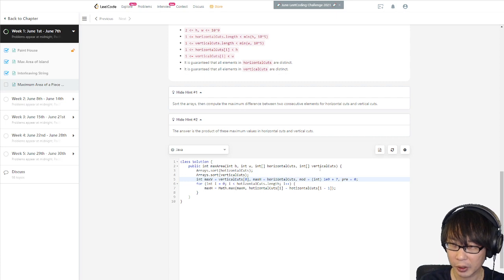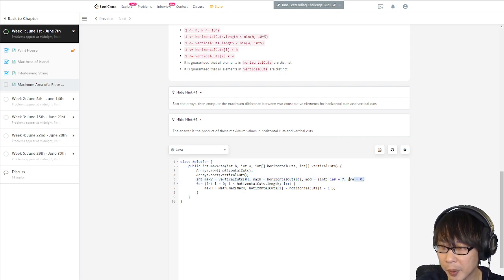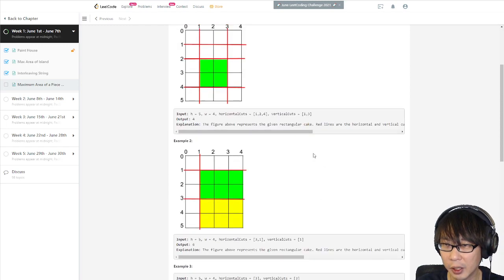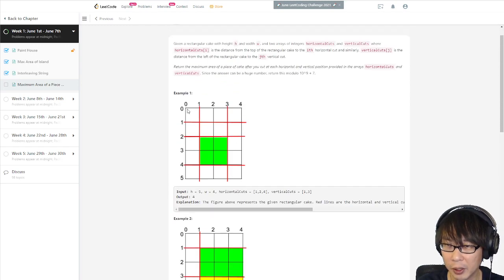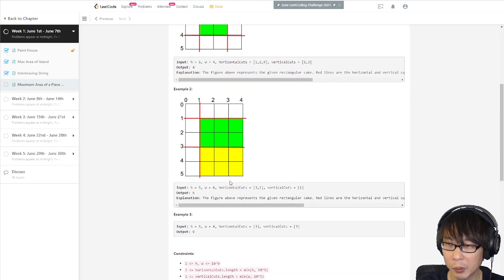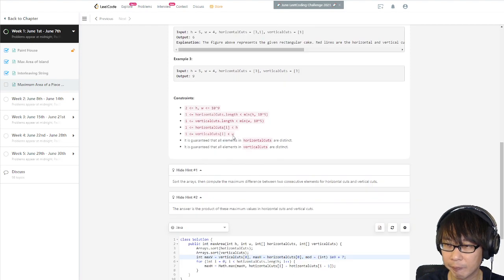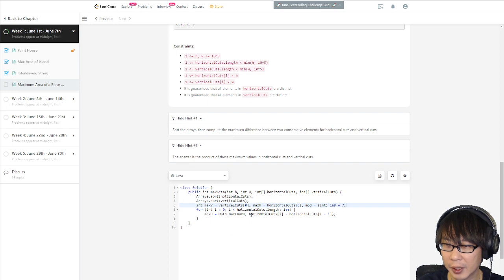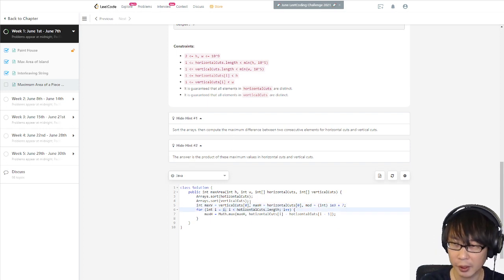So I will initialize the smallest one so that I don't need to remember the pre. What I'm trying to do is initialize, for example for this one, the distance between 0 and 1 as our minimum number. For this one, horizontal cut starts from 1. So still, I'm using this as my initial size, so I can still start from 1.